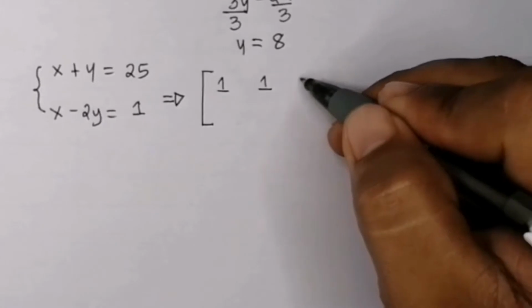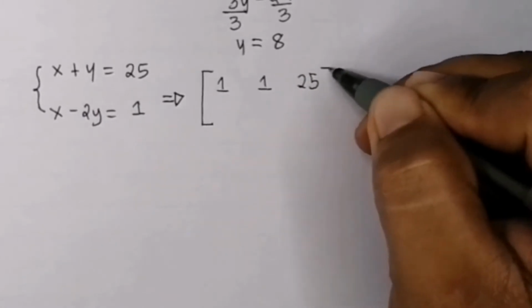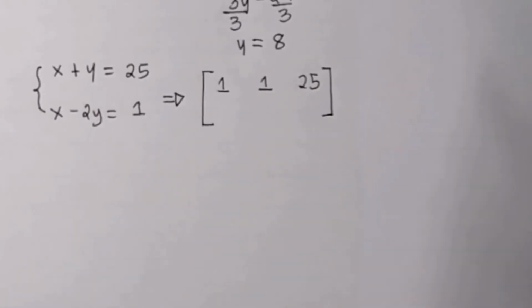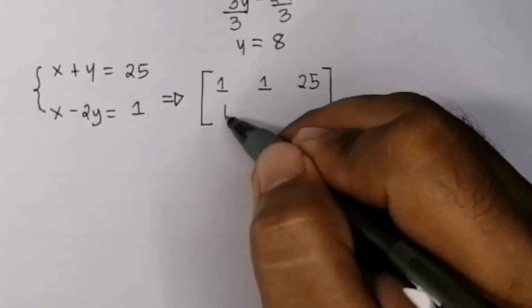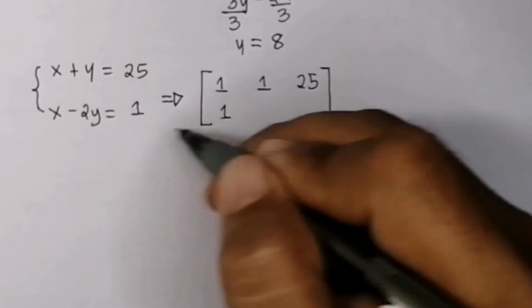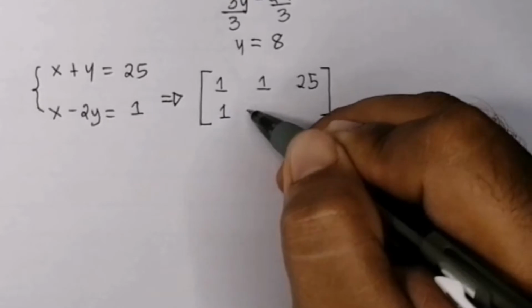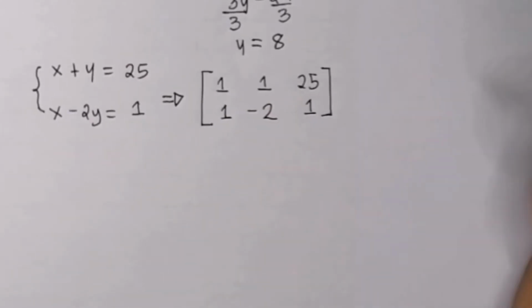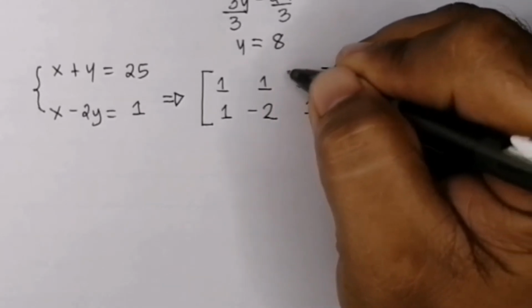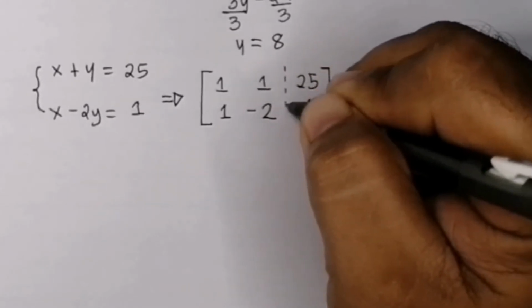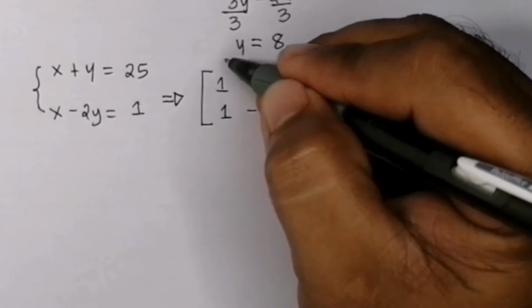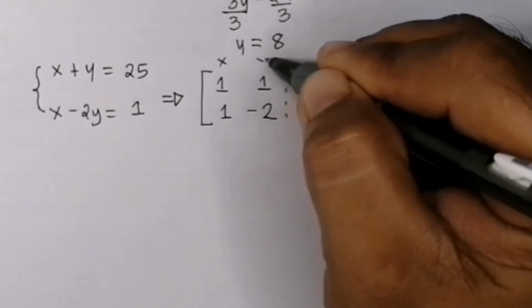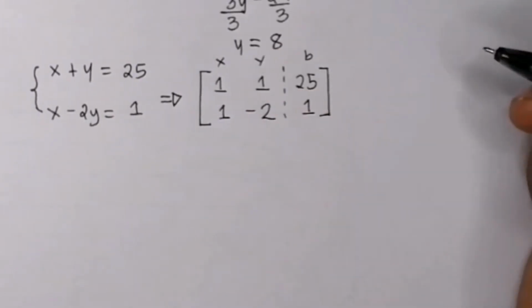Then 25. Close bracket. Here, positive 1. The other number is negative 2. Then 1. We put here an imaginary line. This is for x, this is for y, and this is for the solution.